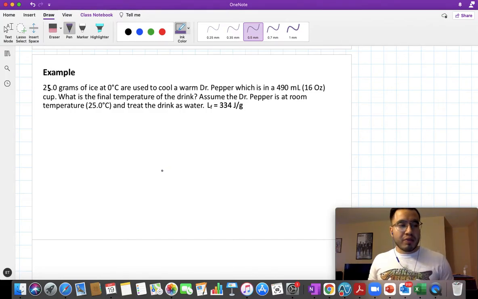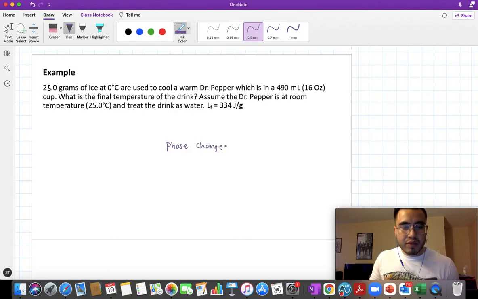So in this case, we have to use energy conservation, latent heat, and specific heat. So we know that because of energy conservation, we're going to have, or we need to account on the ice, for the energy required to have that phase change and to have a change in temperature.